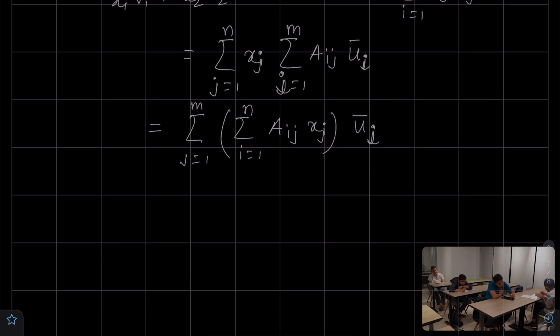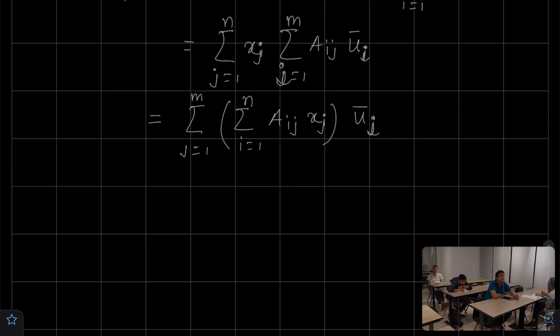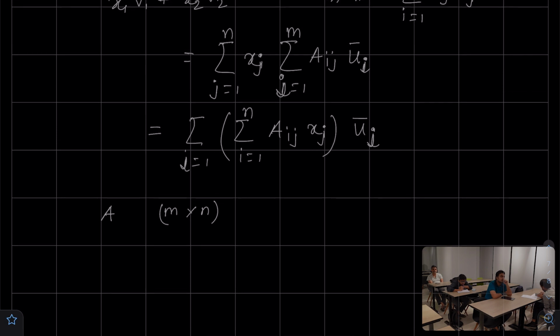Yeah. Okay. The indices are not correct, sorry. This should be i equals 1 to m and this is j equals 1 to n.